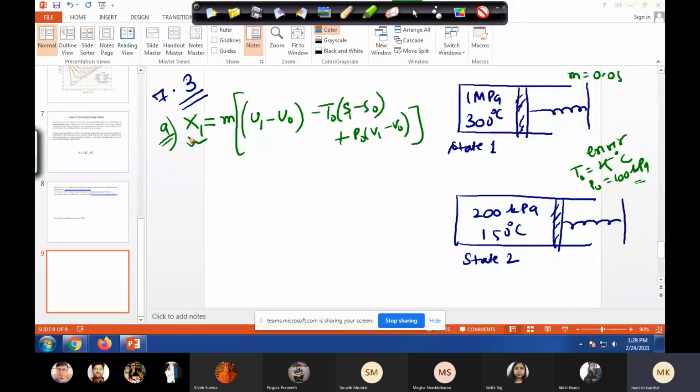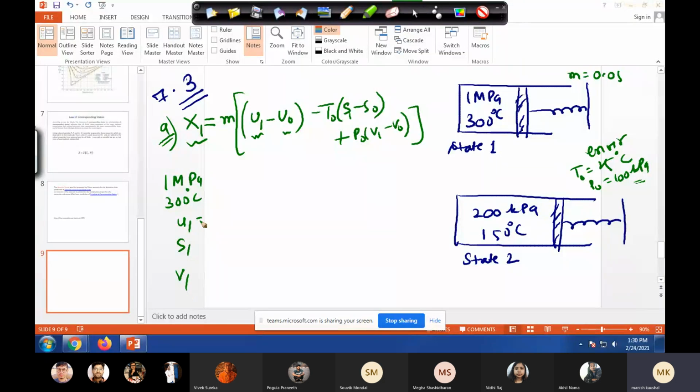If you talk only about X1, imagine the gas expands till the point it is in equilibrium with the environment; the maximum work you can extract from the steam is X1. So all you need to know are u1, u naught and these properties. Since temperature is given at state 1, 1 megapascal, 300 degrees Celsius, you can note down these properties from the steam table: u1, s1, v1.